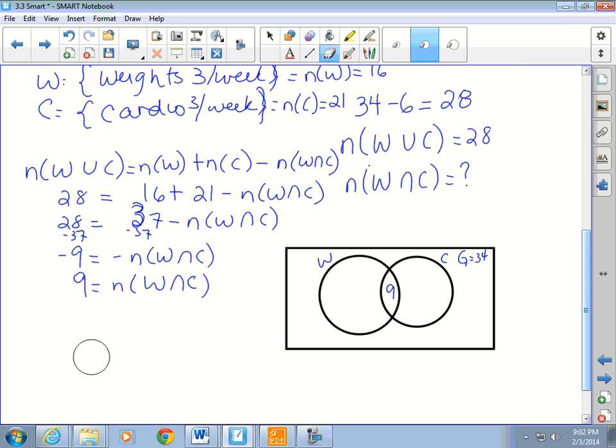So to get my number in here, I know that this has to be 16. If there's 9 there, that means I would have 7 here. For the number that do cardio altogether, there was 21. So if 9 of them do both, then 12 need to be doing cardio only.